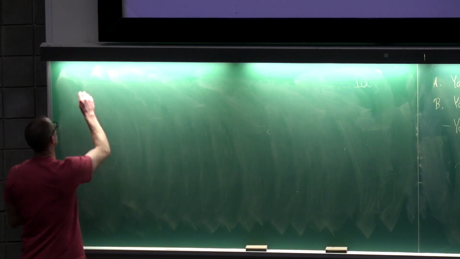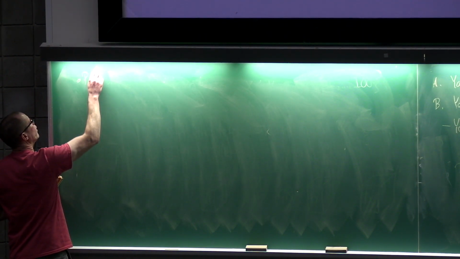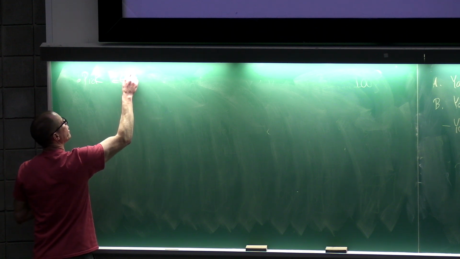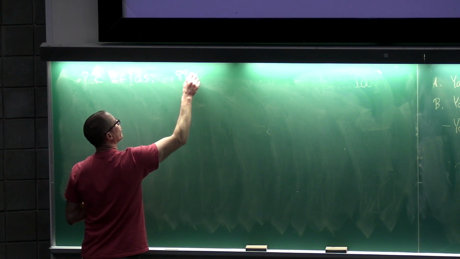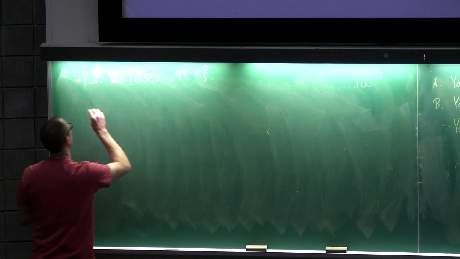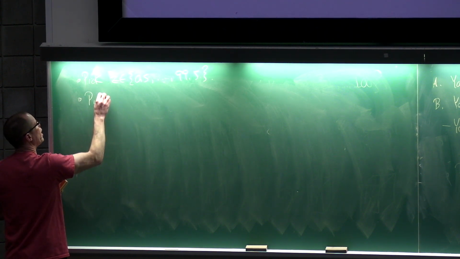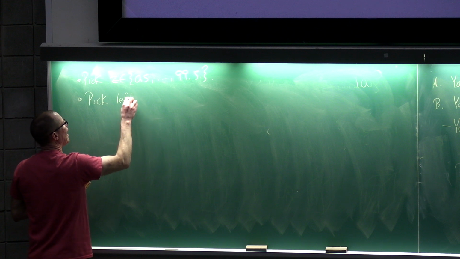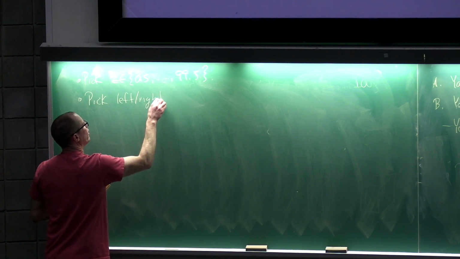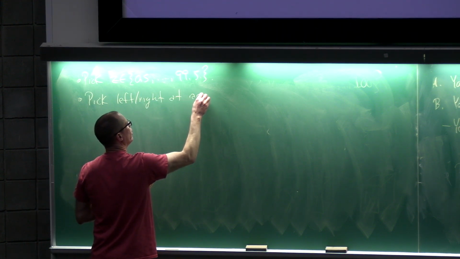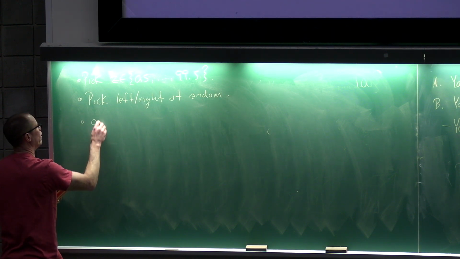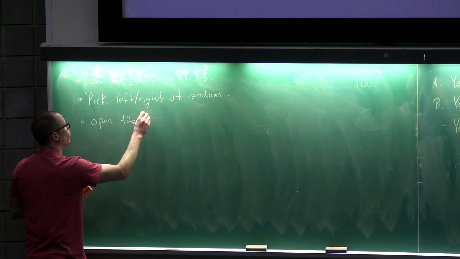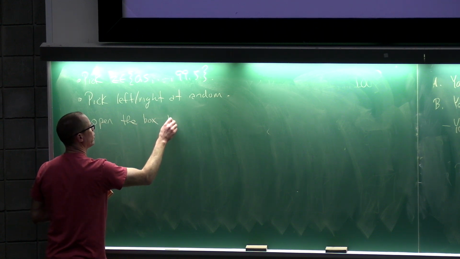My strategy is: pick Z from this set, pick left or right at random, open the box I picked.